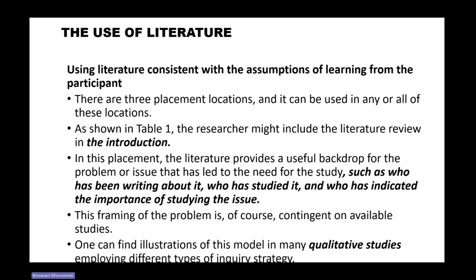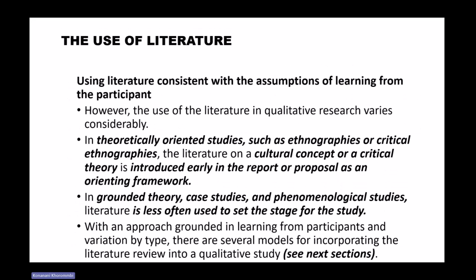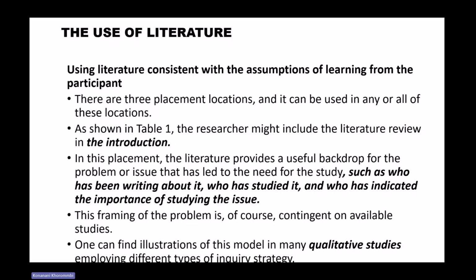We are looking at how literature is used. Here, we are hearing that literature can assist in finding out who has been writing about it, who has been studying the topic or phenomenon under focus, and who has indicated the importance of studying it.